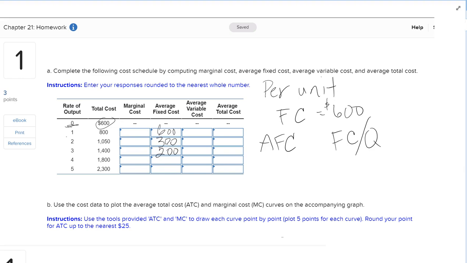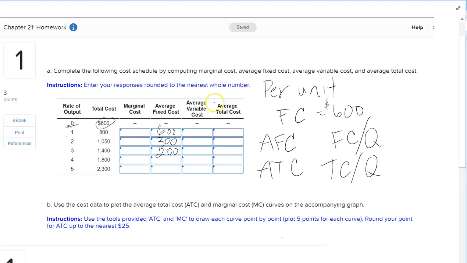From that, we can get some good information, and we can figure out average total cost because we've got the total cost. So let's do that column next. Average total cost is a lot like the average fixed cost. It's going to be total cost divided by the quantity of output. So we're averaging that cost over the quantities of output.